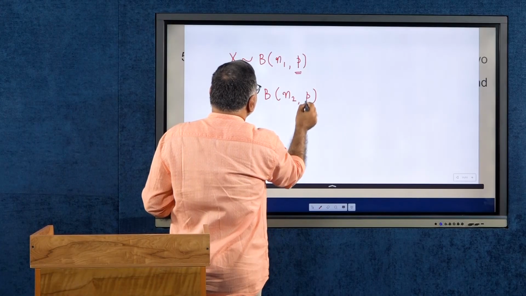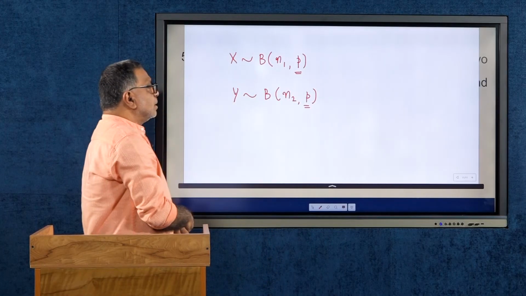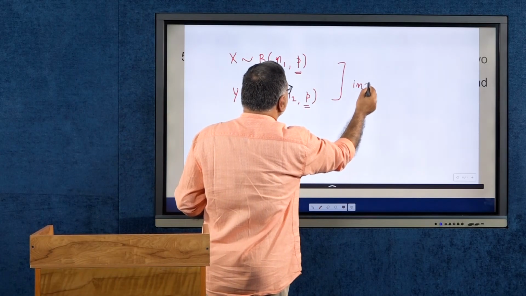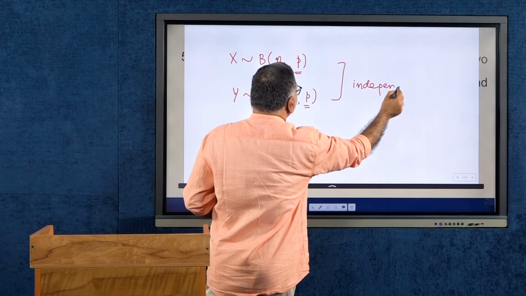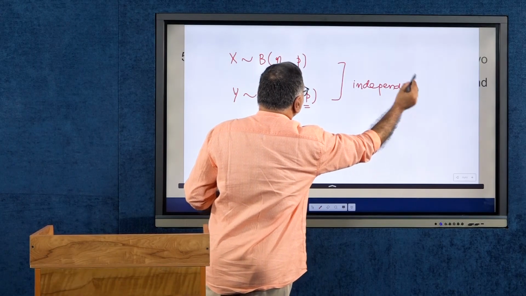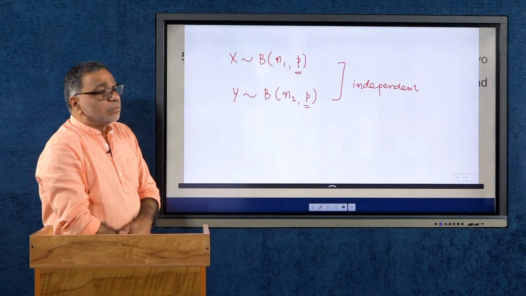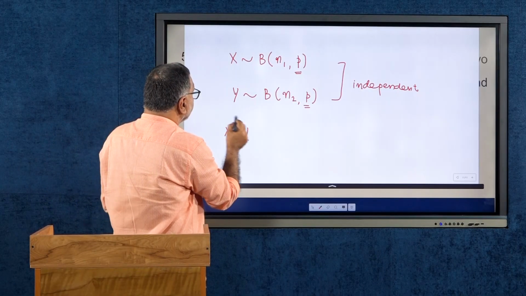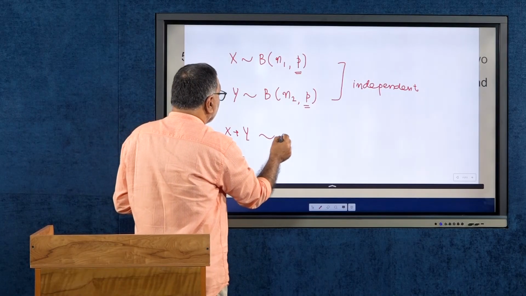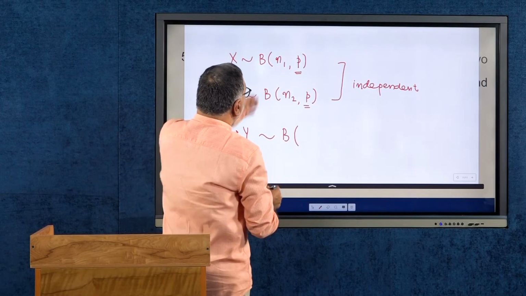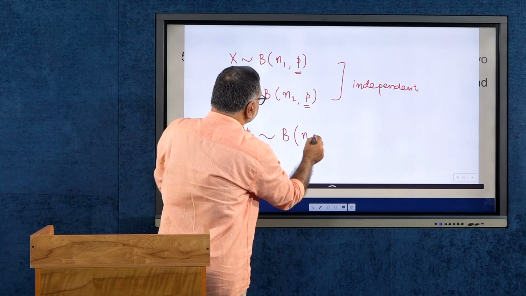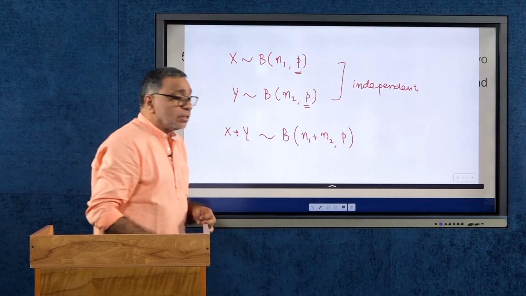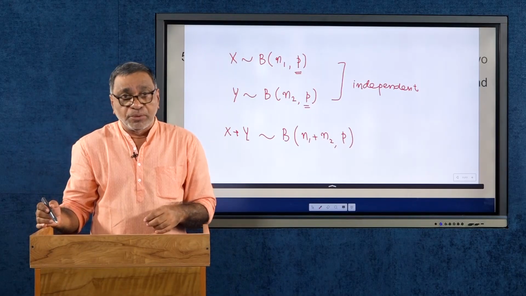See, p is common, and they are independent random variables. By the additive property of the binomial random variables, x plus y follows binomial with n1 plus n2 and p. So, this is the additive property of the binomial random variable.